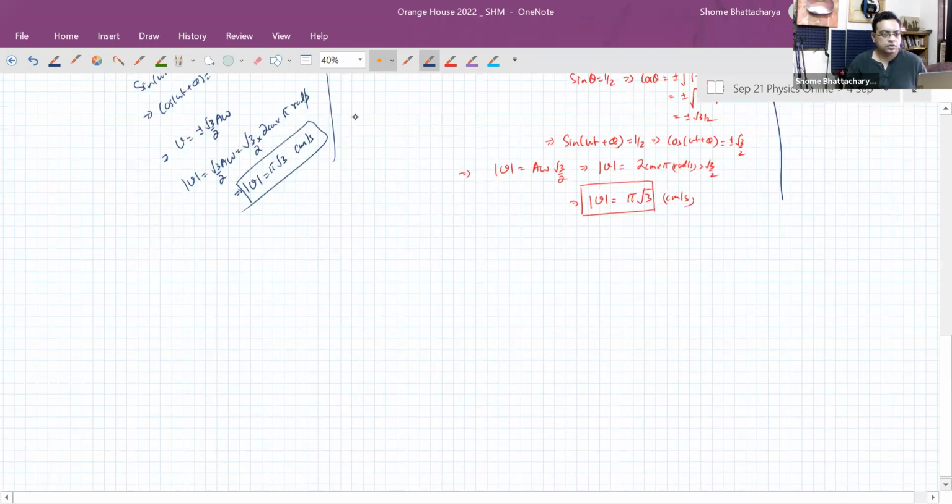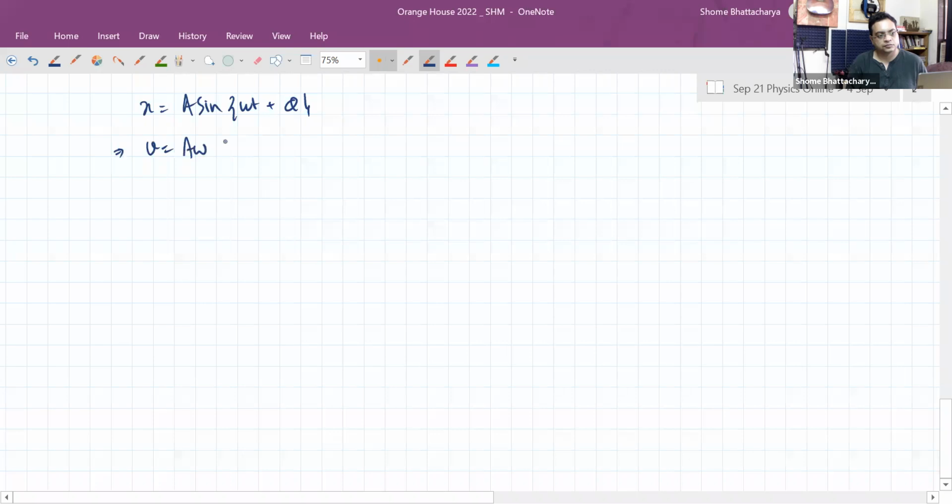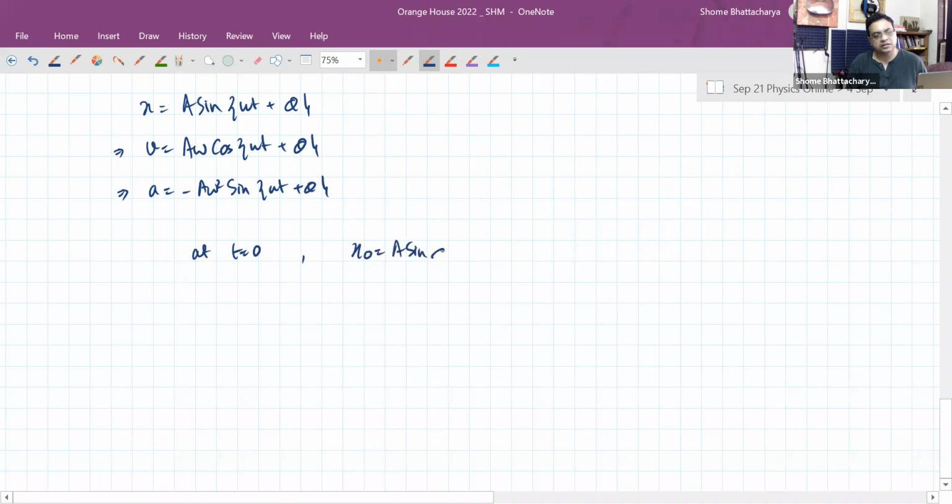Okay, now next thing about SHM we'll quickly revise is that at t equal to 0, the initial position you can see is given by A sin phi, and the initial velocity is A omega cos phi.